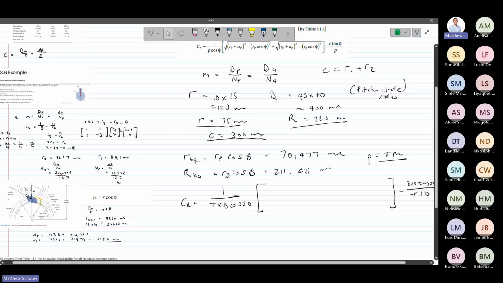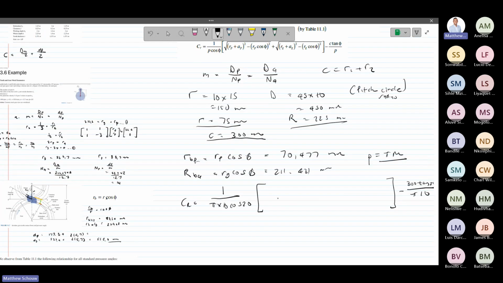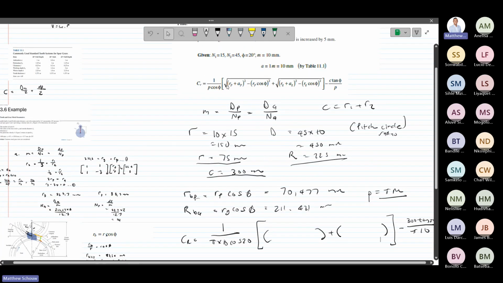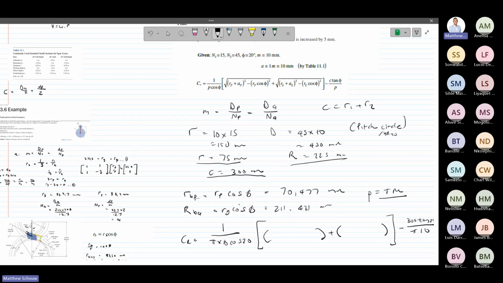So what you just need to do now is get this piece plus that piece. So r_p is your base circle. And then you're just going to add your addendum to that. So root of your base circle plus, right?